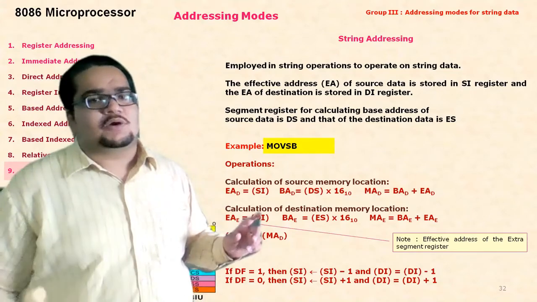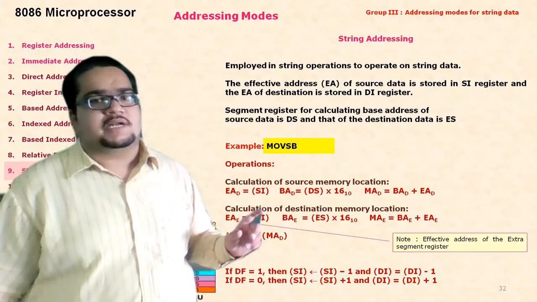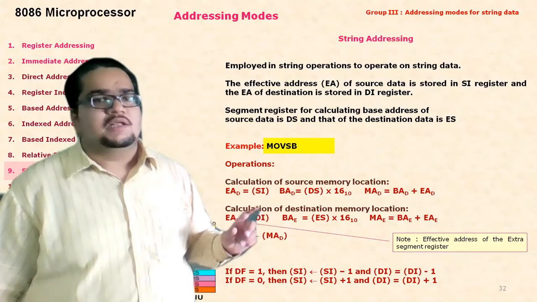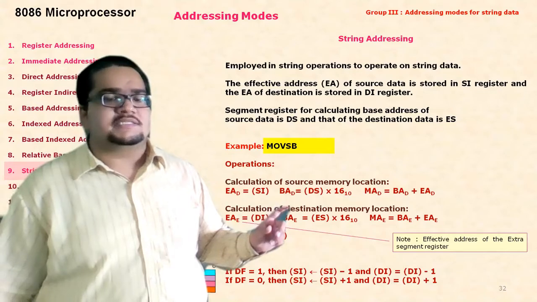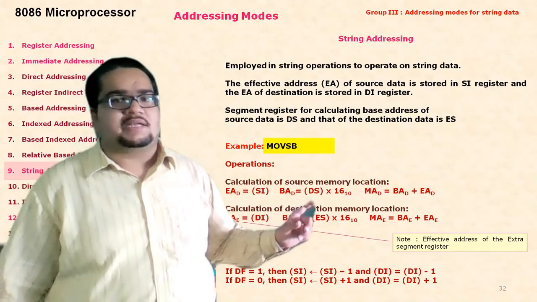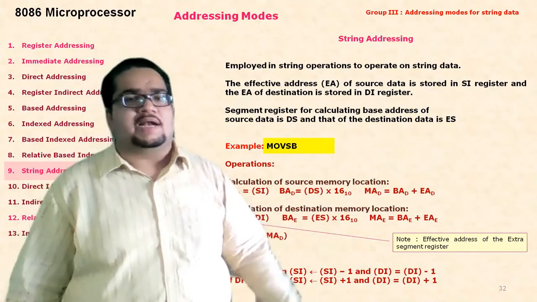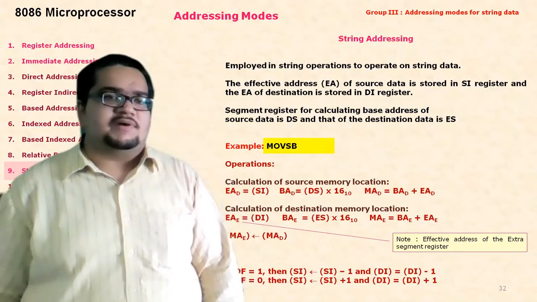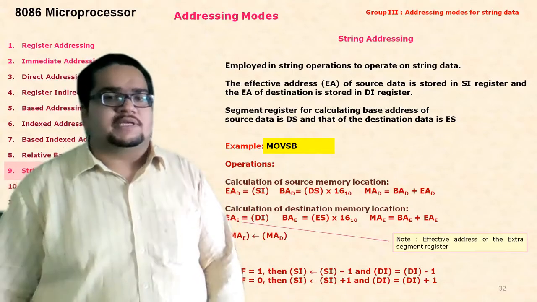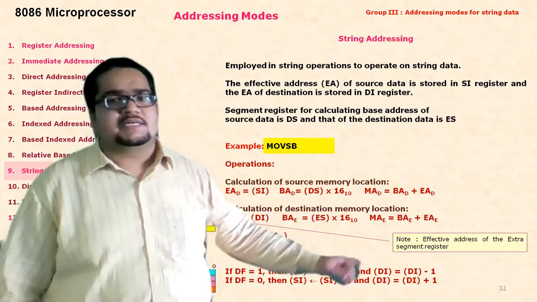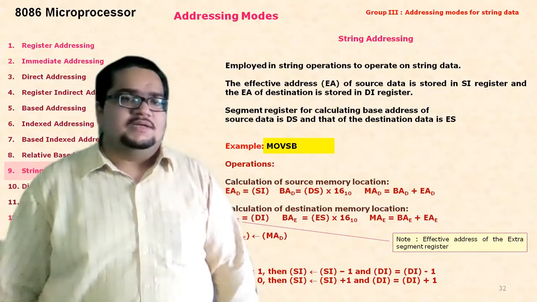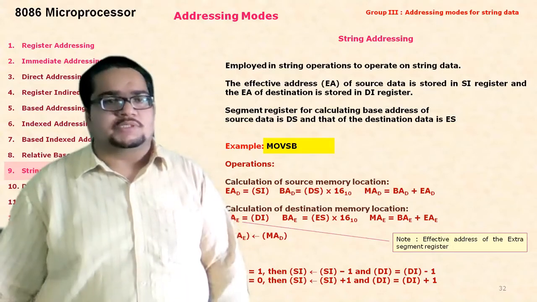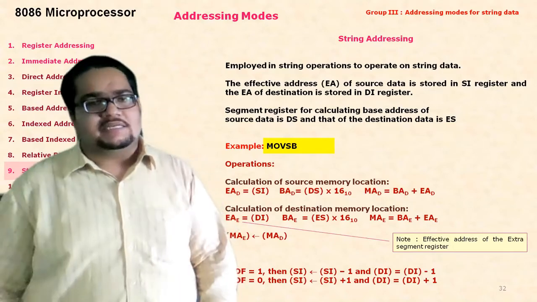Okay, and here is how the memory source locations and destination locations will be calculated. For the source, the effective address is in SI. The base address is there in DS multiplied by 10, and the memory address is calculated by adding the base address plus the effective address of the source. When it is written EA suffix D, that D is the data segment, because the data segment is the source and the extra segment is the destination.